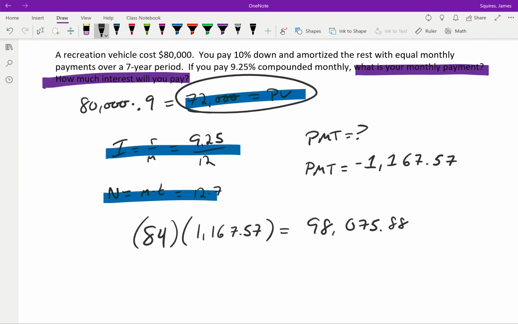So over the course of the 7 years, we gave up $98,075.88. That would be the sum of all our payments.